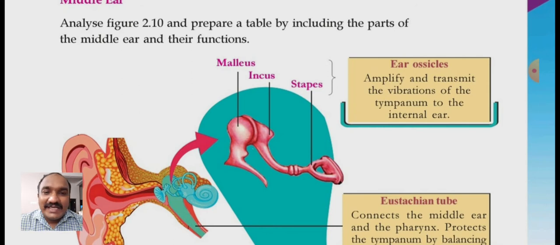Then, what is the function of the ear ossicles? They amplify and transmit the vibrations of the tympanum to the internal ear. The sound waves are first carried by the ear pinna, then by the auditory canal, and then reach the tympanum. At that time the tympanum vibrates. Those vibrations are amplified and transmitted to the internal ear.